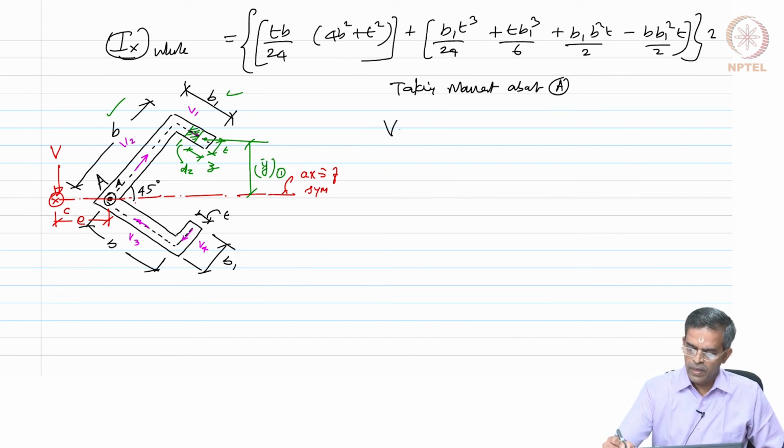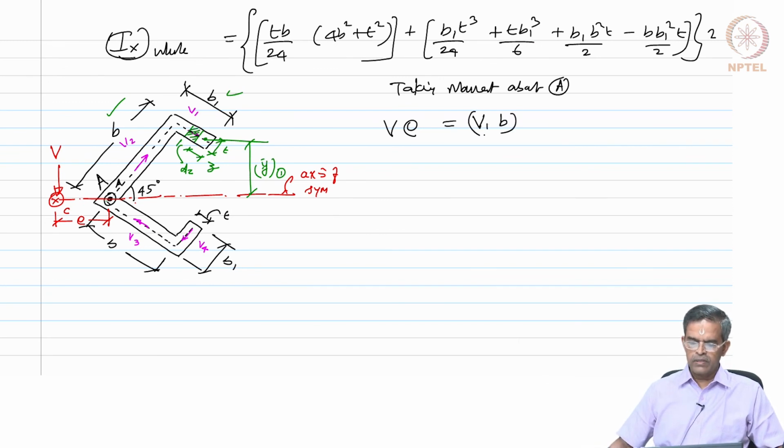So, we can say V into E will be equal to V1 into B, right, because that is the distance of V1 from here, and that is same as V4, so into 2.